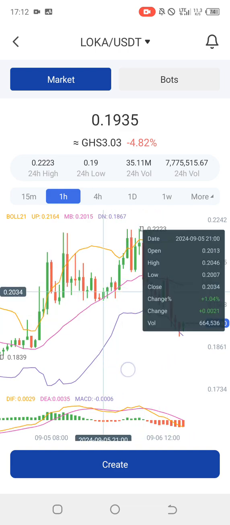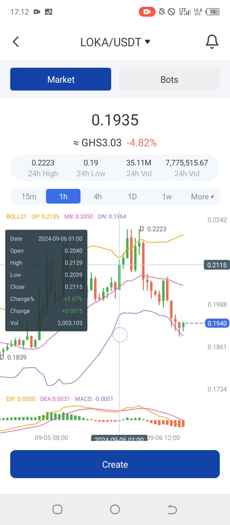So this is the crosshair. You see how it's moving? Every candlestick you put it on has a different open price, different high price, different low price, different close price. So I'm putting it on this candle, which was 1 a.m. on the 6th of September.